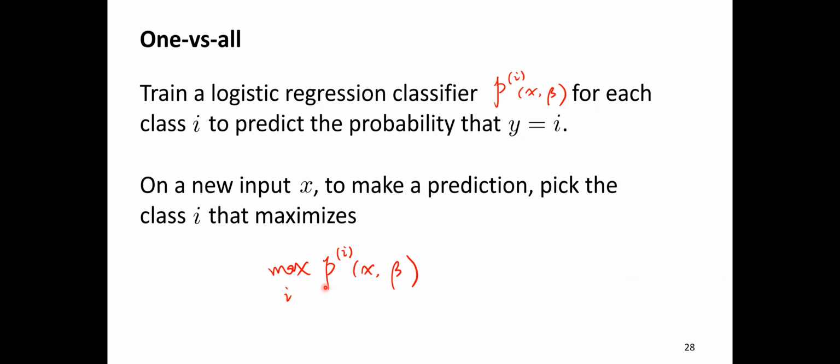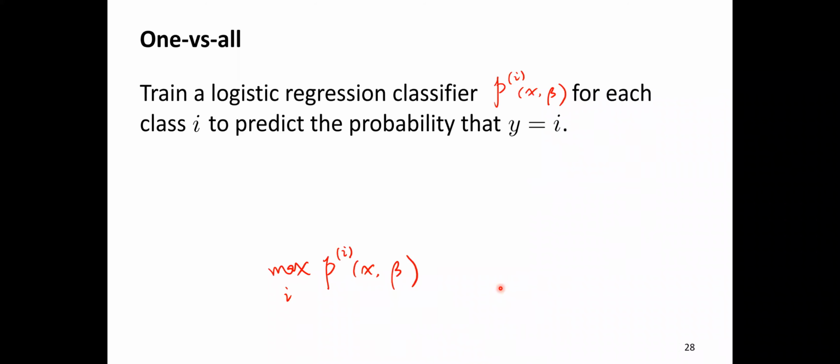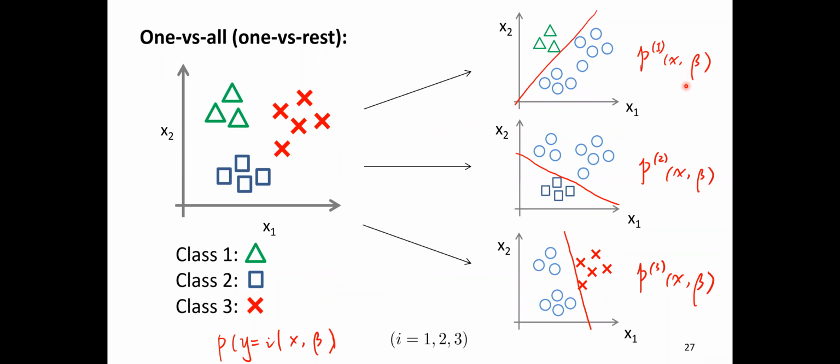You just choose the one that gives you the maximum probability. This is a very interesting and smart way to do multi-class classification, one versus the rest. When you get an input, you just calculate 3 probabilities, and whichever is the maximum, you classify the input as belonging to that category.